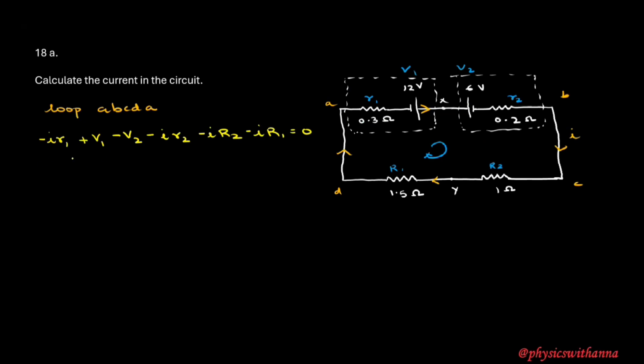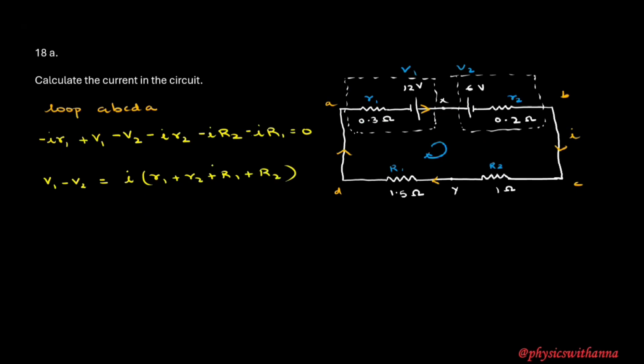So let's move all the terms with I to one side and all the terms with V EMF to the other. So V1 minus V2 will be equal to, since I is common in all of these terms, I'm going to take it outside. All of them are minus here. When they go to the other side, they will become plus. So I times (r1 plus r2 plus capital R1 plus capital R2). We need to find current, so just divide with this.